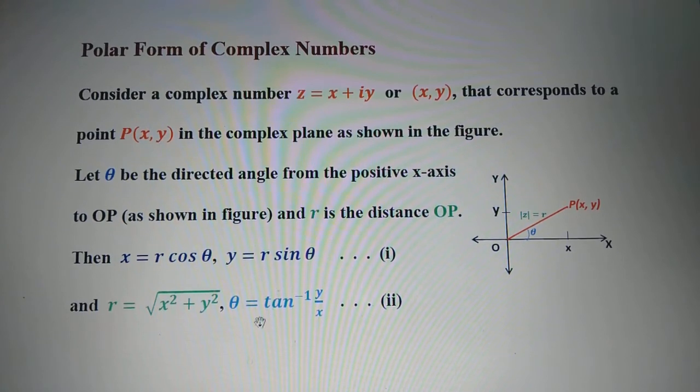These r and theta, r meaning this distance and theta this angle, are called the polar coordinates of this point P. But the point P represents a complex number z.